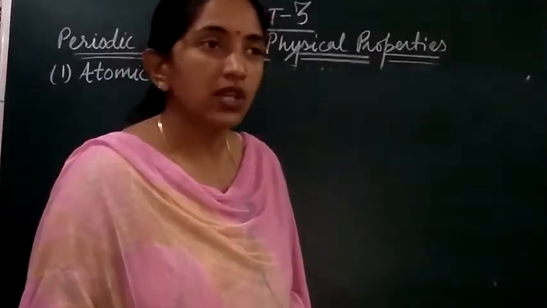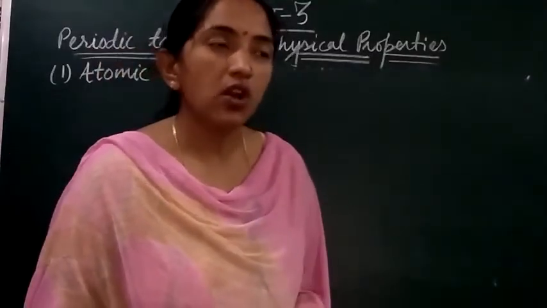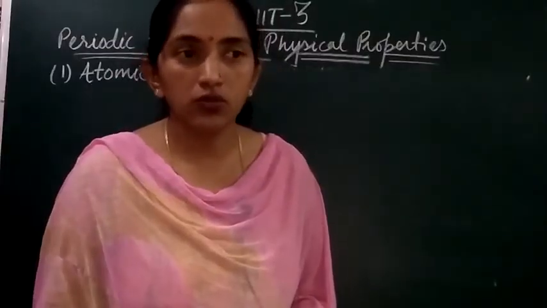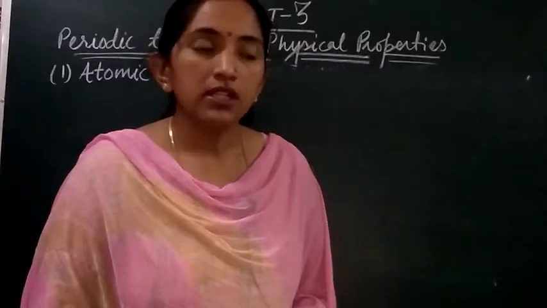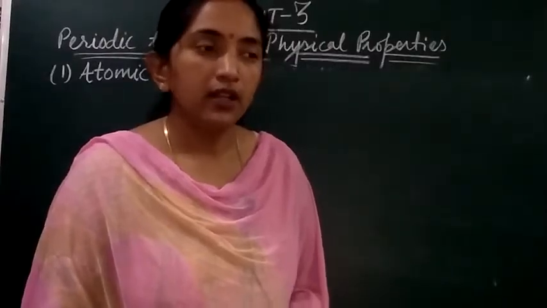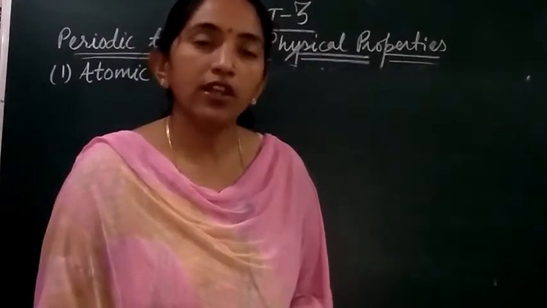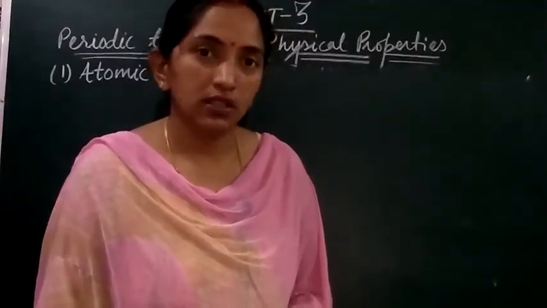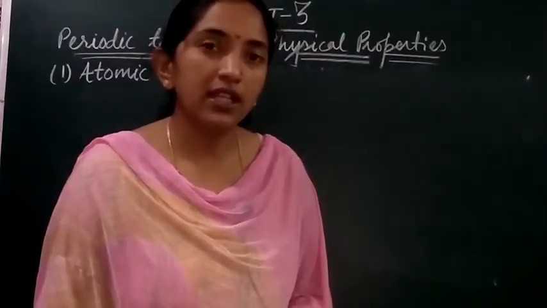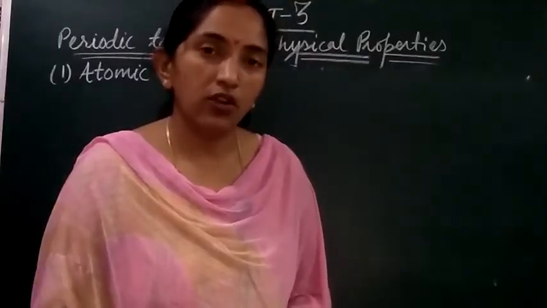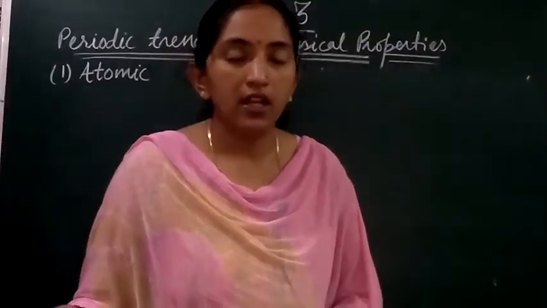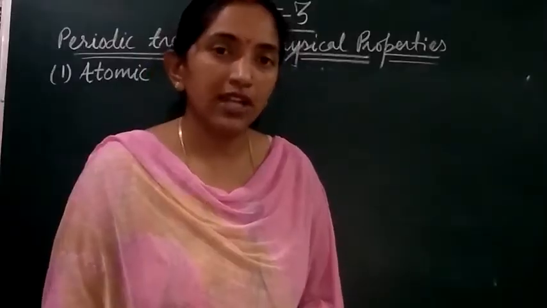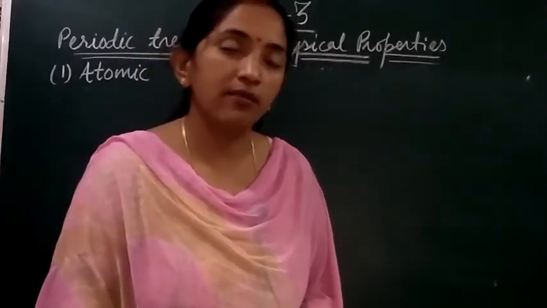So we can't find out the radius of an atom from the center of the nucleus to the outermost, because the probability of getting an electron at a large distance from the nucleus is never zero. That means it doesn't have a well-defined boundary.